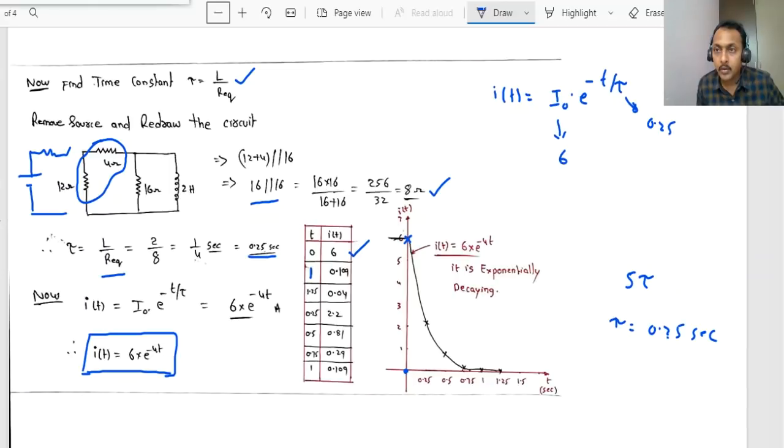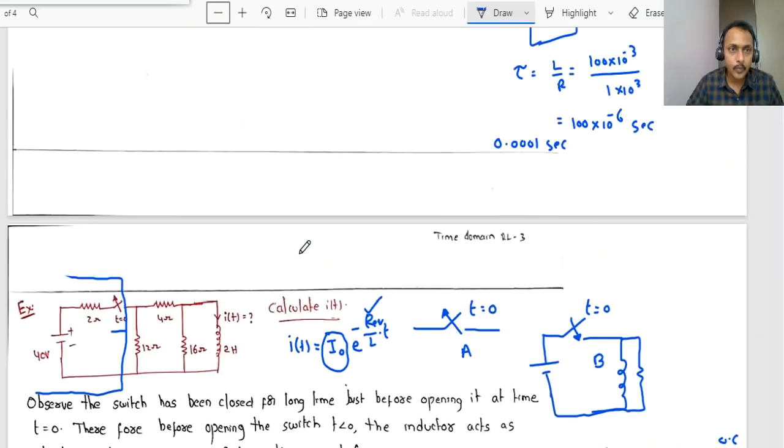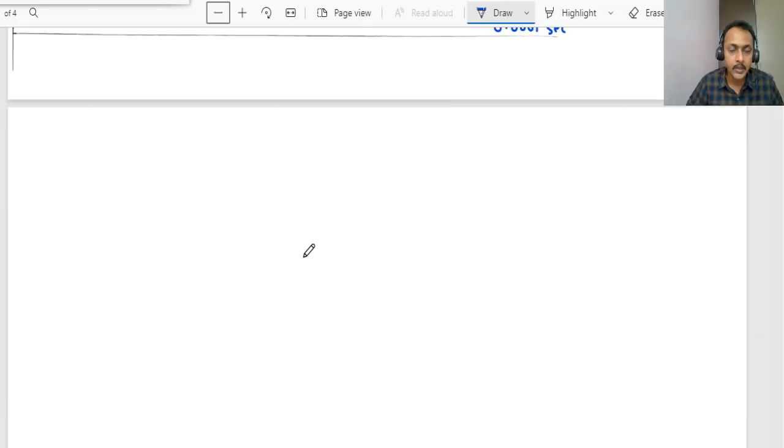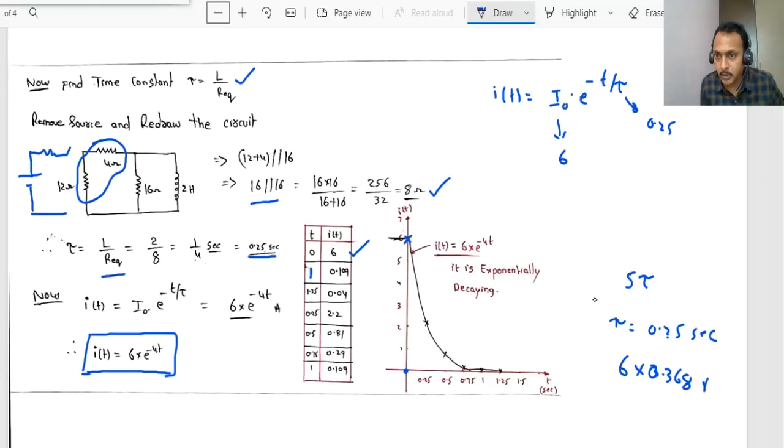At t equals tau, the magnitude 6 will become 0.368 times, that is 36.8 percent. 0.368 amps will be our magnitude at time t equals tau.